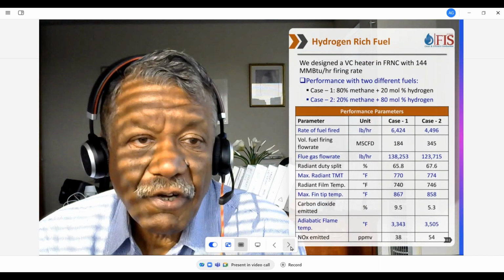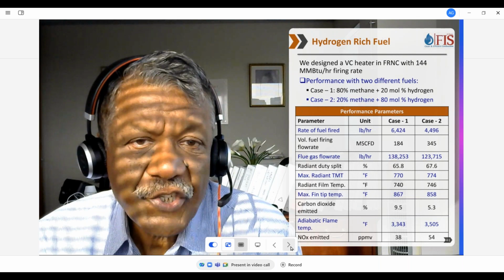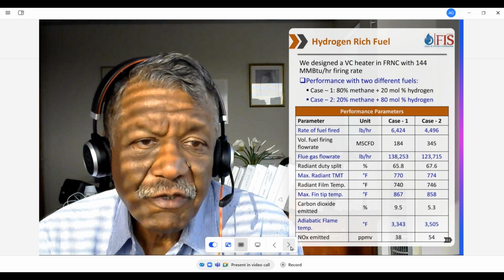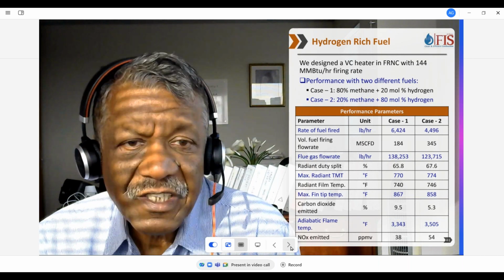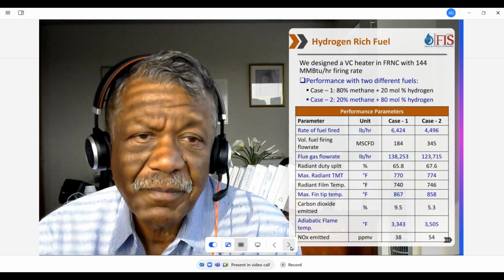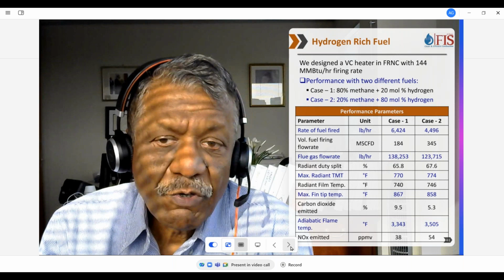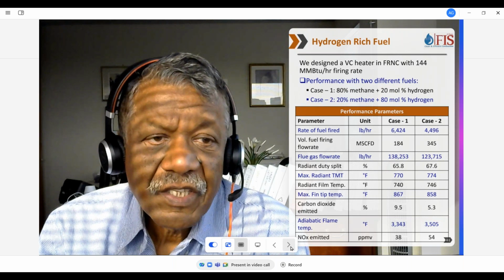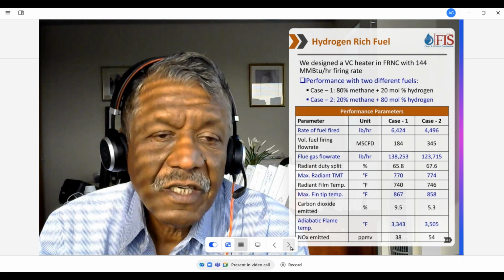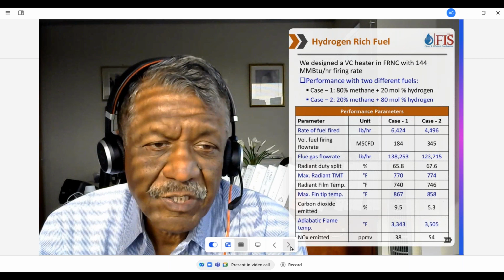So my process team has done this simulation of the VC heater, and they have used 2 fuels. One is with 80% methane and 20% hydrogen, another is 20% methane and 80% hydrogen. And if you look over here, the rate of fuel fired in terms of pounds goes down with high hydrogen.